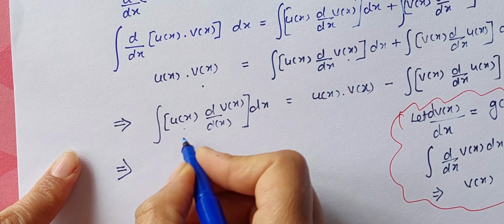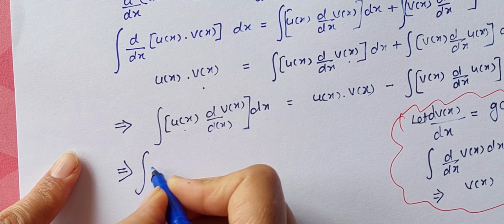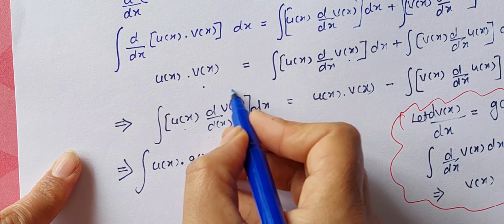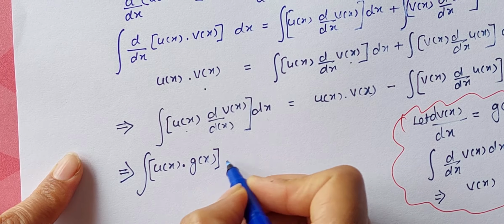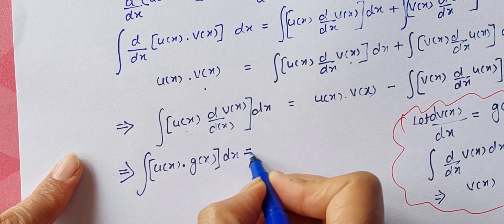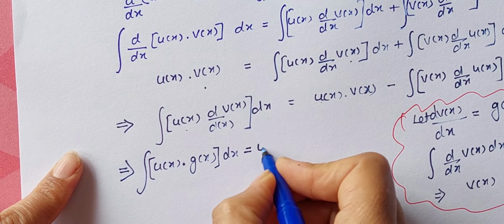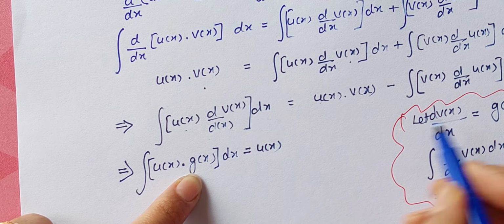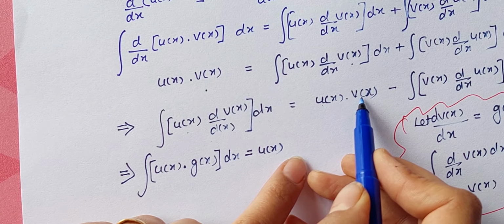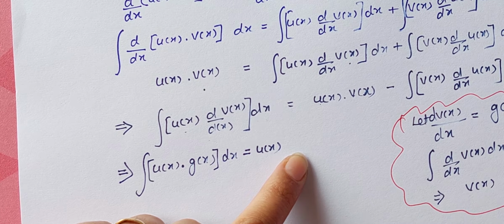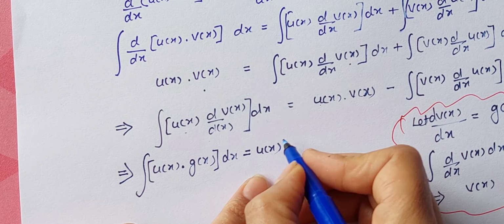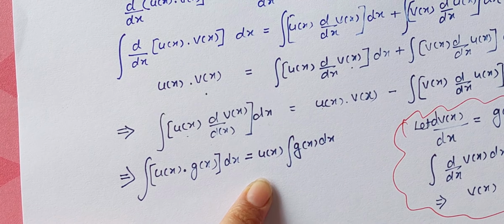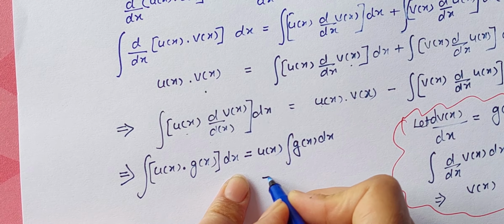Which implies here we have the integral of u(x) into g(x) dx, which is actually equal to u(x) and, here this is v(x), so there should not be any v(x). So v(x) is the integral of g(x).